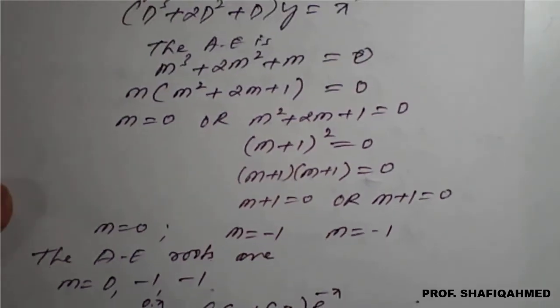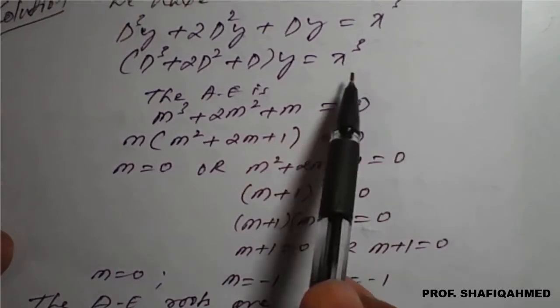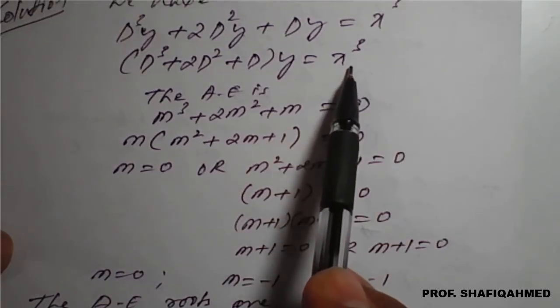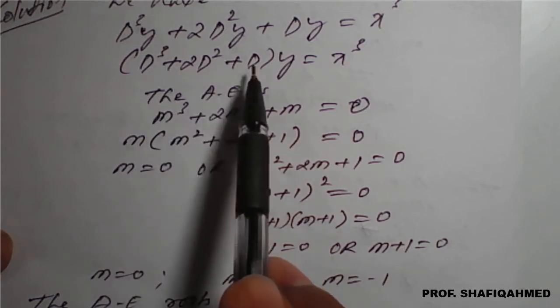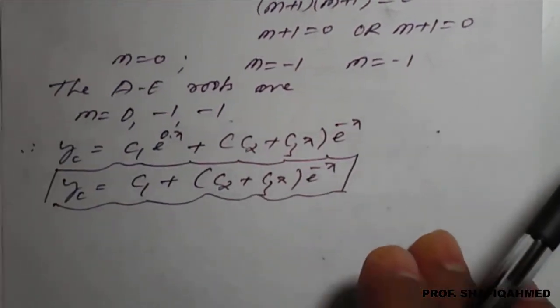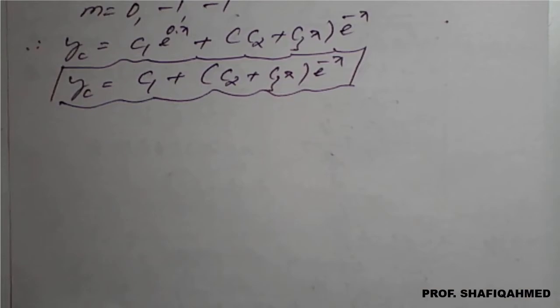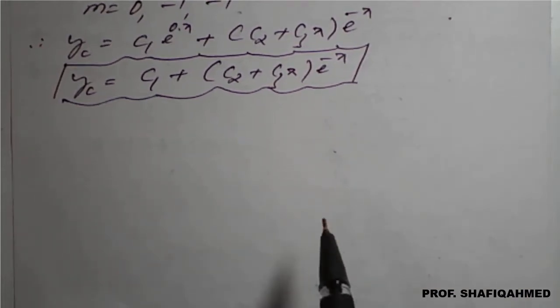So by using the above expression, the particular integral is equal to x cube divided by d cube plus 2d square plus d. We'll go for that now.